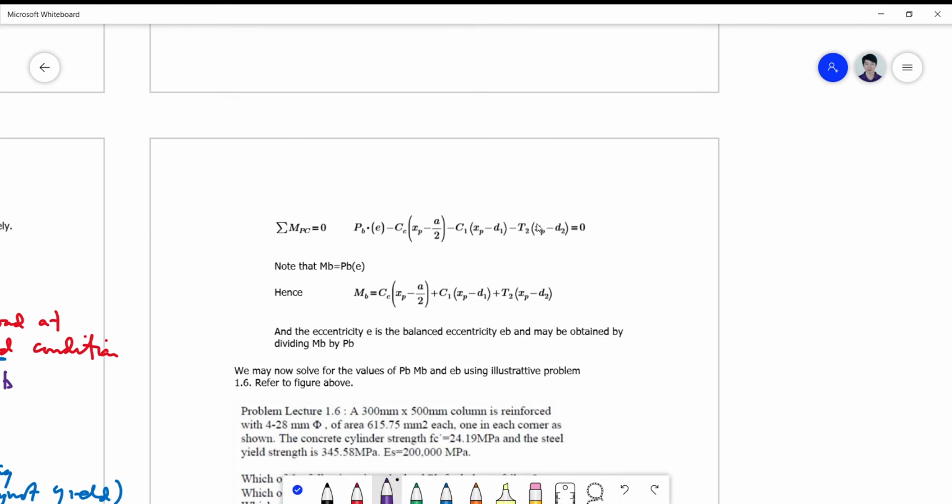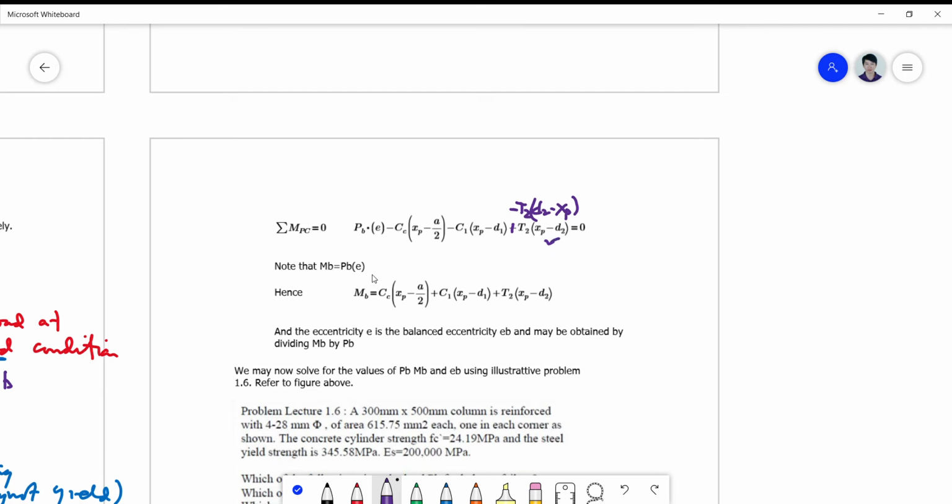So T2 is D2 minus XP. If you use a negative sign, T2 must be minus. If you use a positive sign, this is correct. So it's quite confusing. I will show you a better way of dealing with this later.